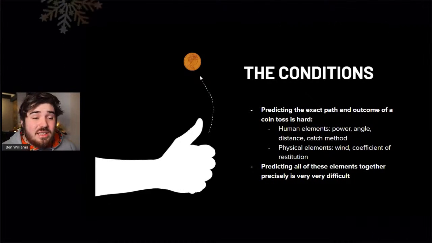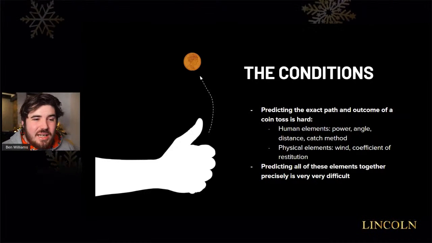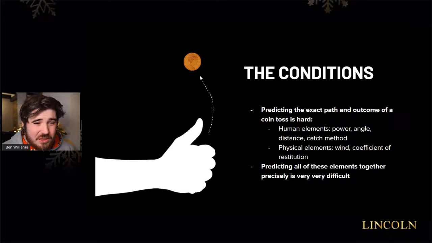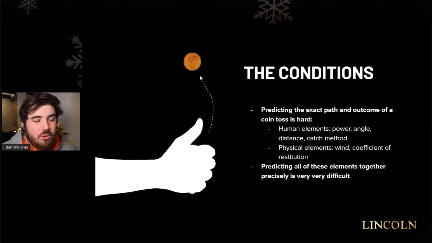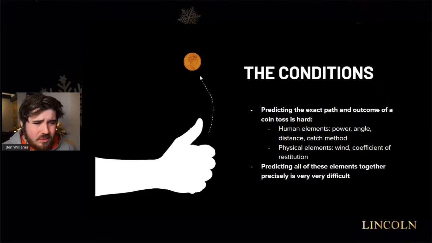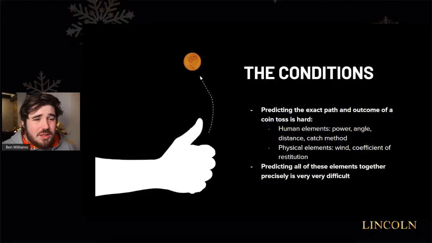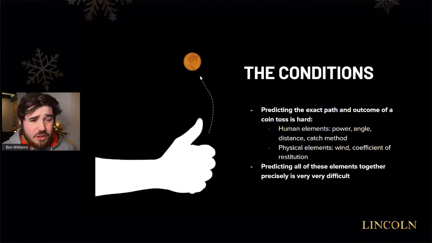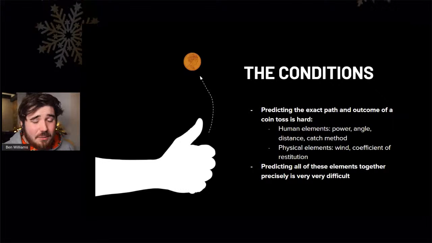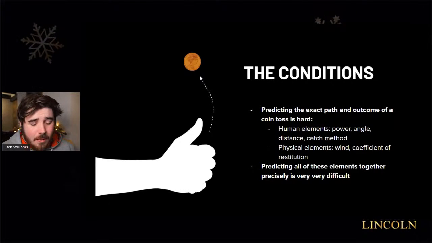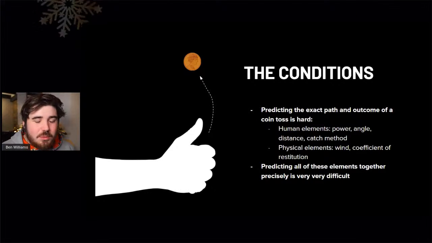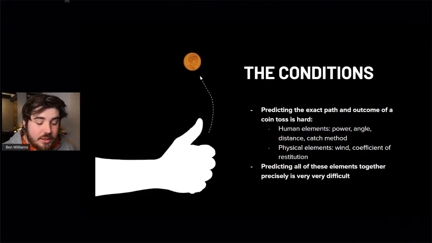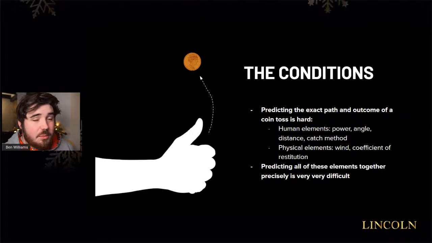But this is why we consider it random: predicting the exact path and the outcome of a coin toss is really hard because of all the variables involved in that process. In order to predict a coin toss accurately, you'd have to take all these variables into account and put them into some kind of model, and that model would predict whether or not the coin is going to land head side up or tail side up.